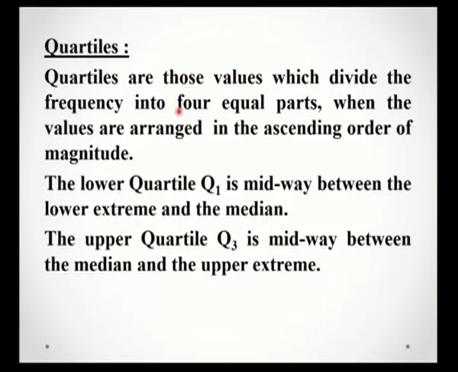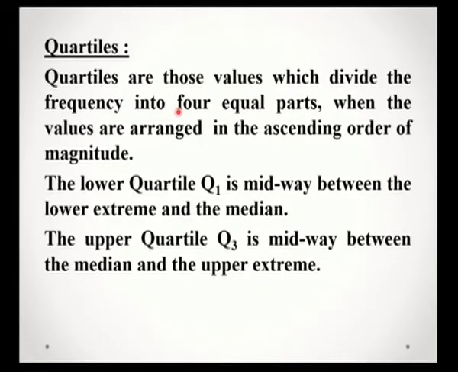So if you know all these data from grouped data, you can calculate the median. Then quartiles. So far you learned the arithmetic mean, then the median. The next fundamental concept in statistics is quartiles. These quartiles are the values which divide the given frequency into 4 equal parts.